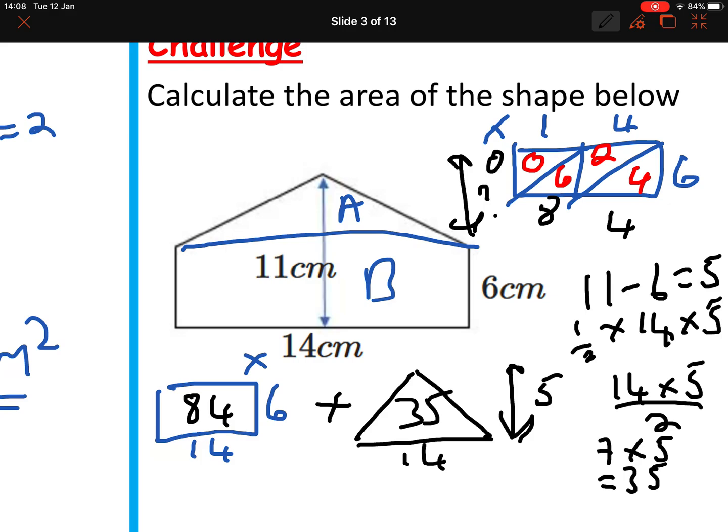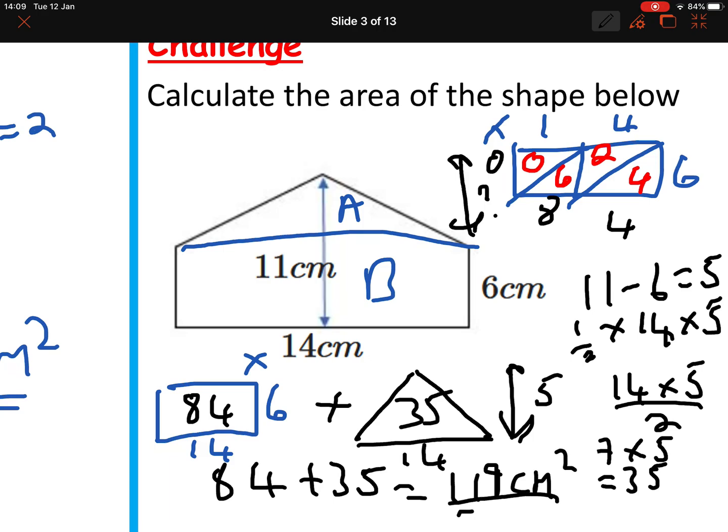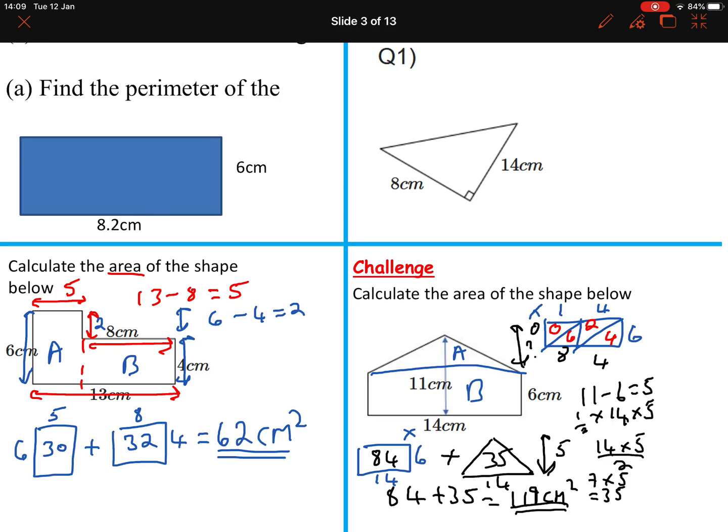Or you can do 14 times 5 is 70. Half that is 35. So then when you add together 84 and 35, the answer should be 119 centimeters squared. Okay?